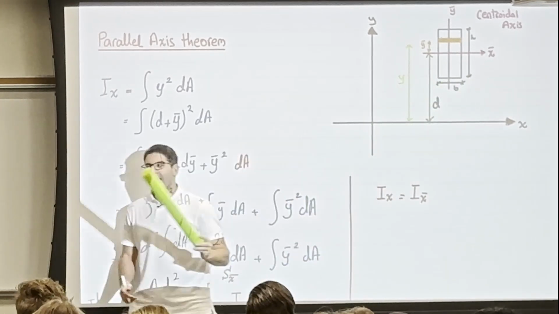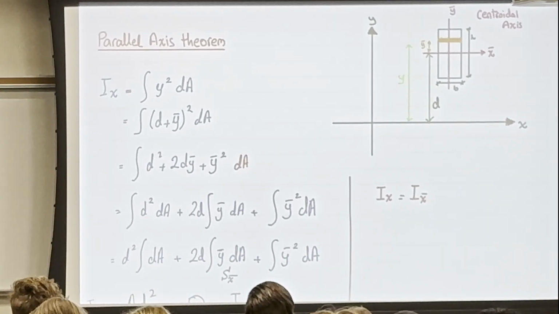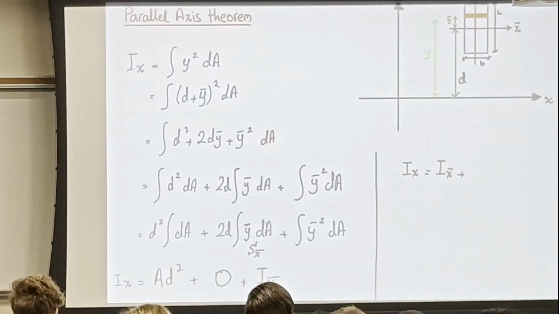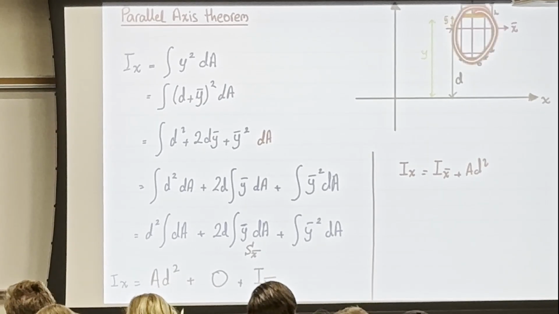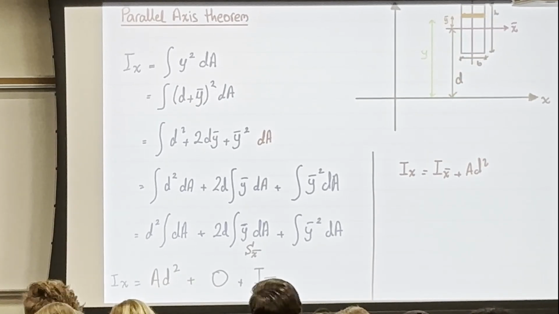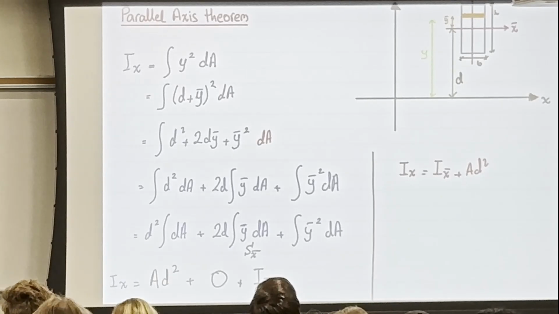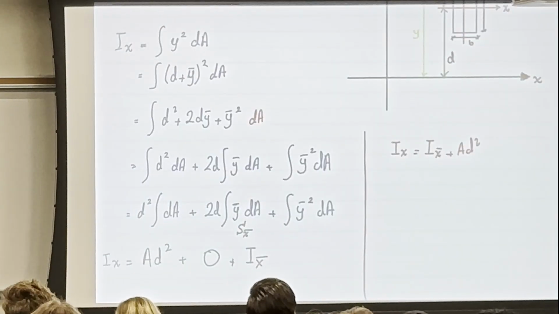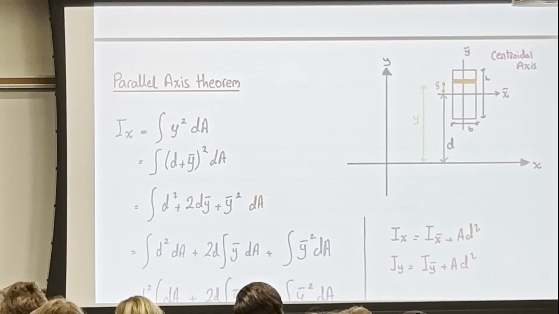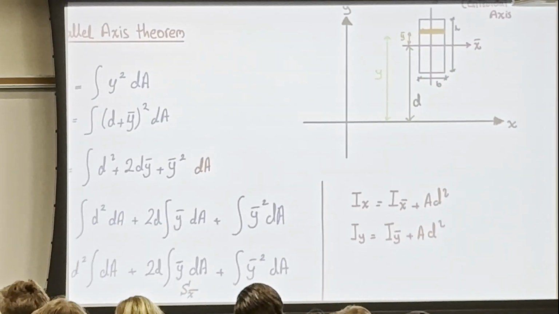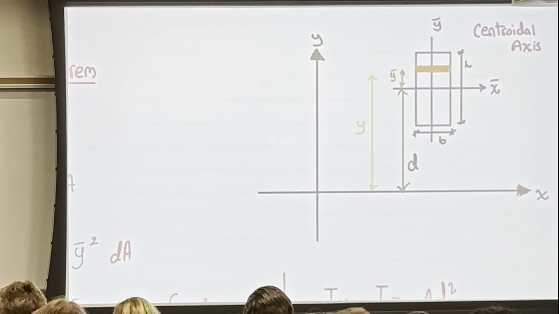And then I will add another term, which is the area times d squared. So the area of that shape times the distance squared. Okay? Same as Iy: Iy bar plus area times d squared. And this d now is going to be here, for example.